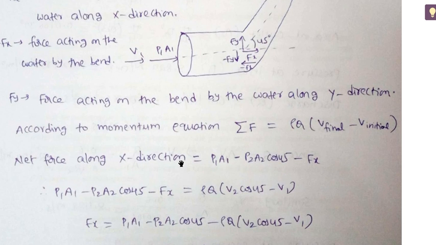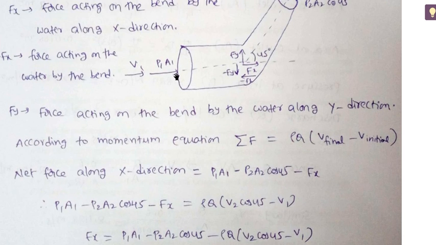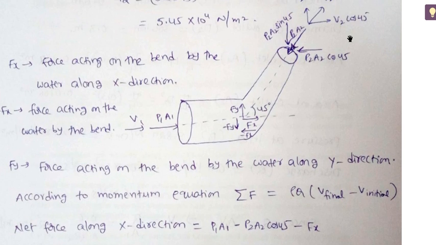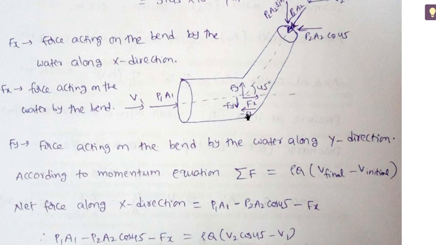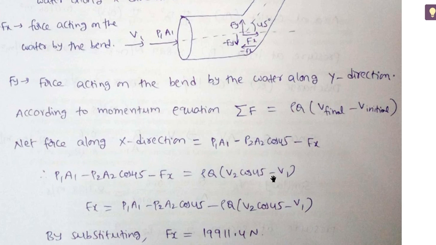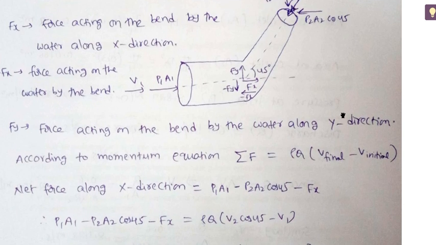Net force acting along x direction equals, this is the pressure force along x direction at the inlet, and this is the component of pressure force along x direction at the exit. So this one should be minus, this one is positive since we have taken this direction as the positive, and one more force is minus Fx. This is the net force acting along x direction, and according to the momentum principle, that equals rho into Q into v final minus v initial along that direction.